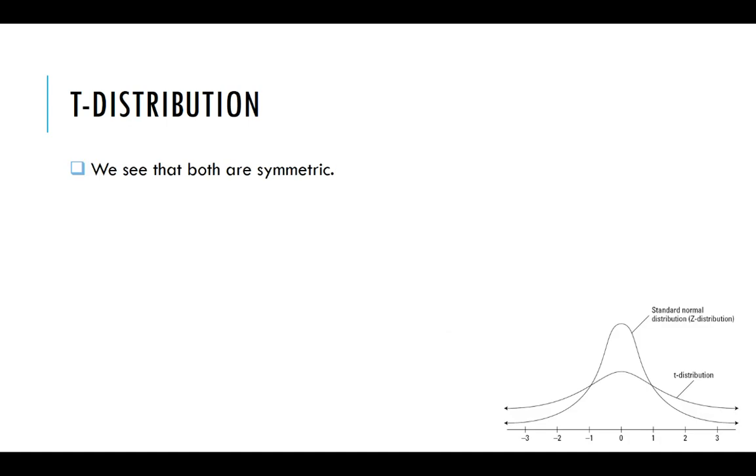If we look at both of these distributions, which are now in the bottom right corner, they're both symmetric, right? And remember, symmetry means the left and the right look exactly the same. We could fold them in half and it would line up exactly. They both have a mean of 0. They both have that smooth shape, but there are some differences.